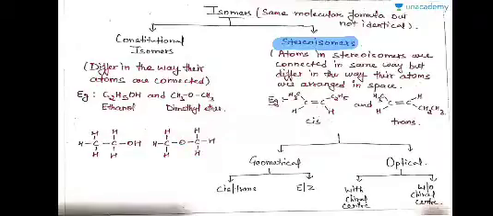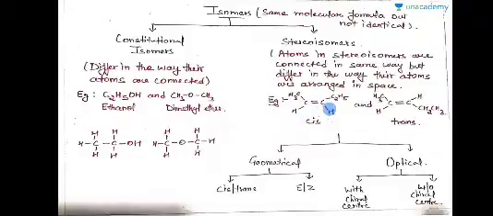So friends, stereoisomers have the same molecular formula and the same connectivity, but they differ in the way their atoms are arranged in 3D space. For example, we have this alkene. Now, in this form, both the hydrogens are attached to carbons on the same side of the double bond.